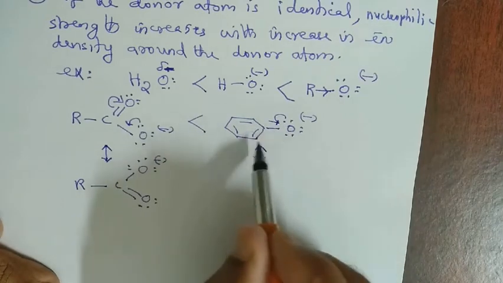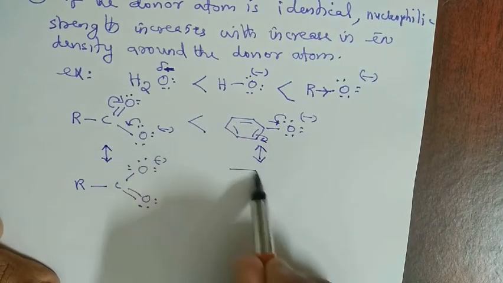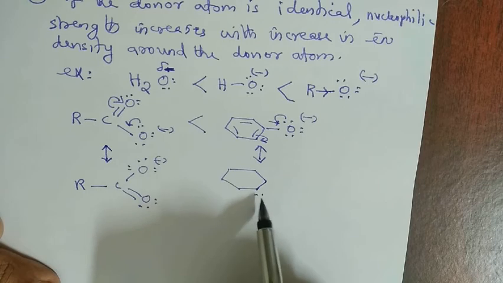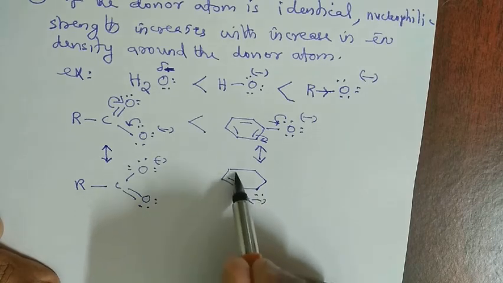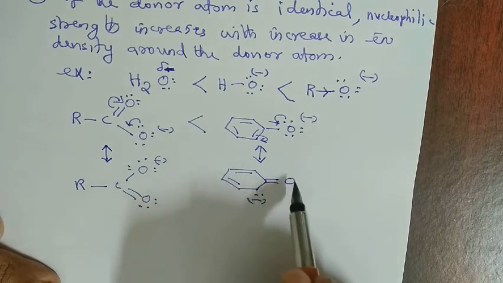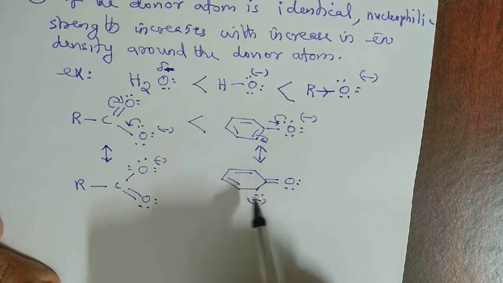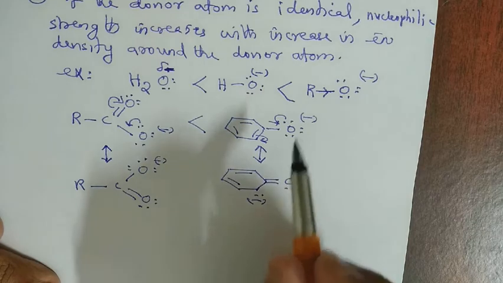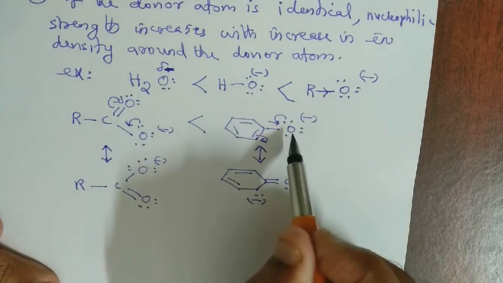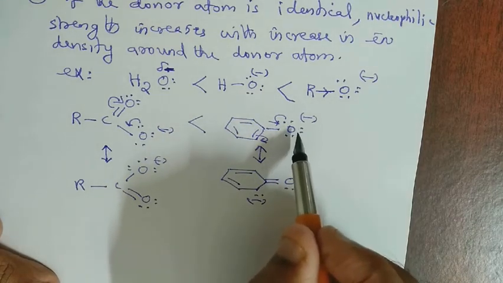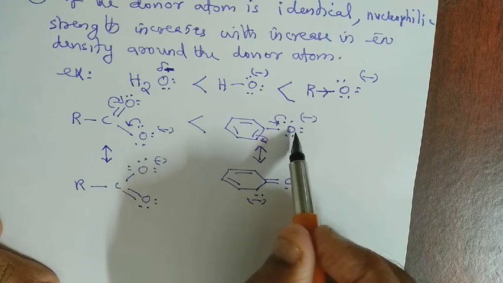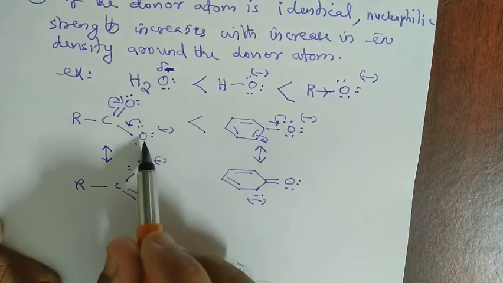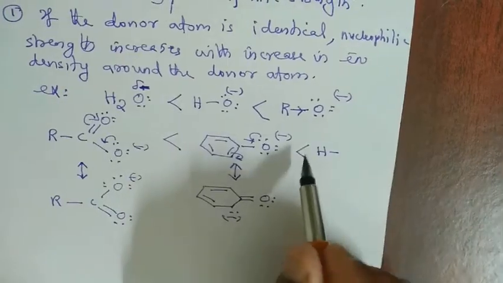In phenoxide ion, negative charge is localized to carbon atoms in the benzene ring. Since carbon is less electronegative than oxygen, this type of resonating structure has less contribution to the resonance hybrid. That is, intensity of negative charge is more on the oxygen atom of phenoxide ion than the oxygen atom of carboxylate.